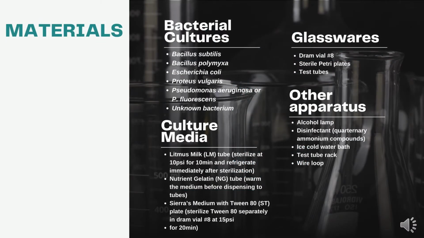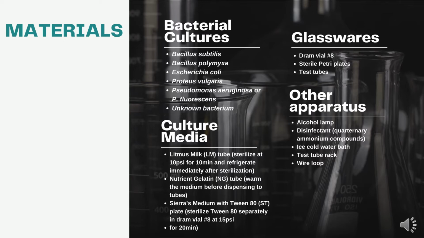So the materials that we will be using in this experiment include 4 sections. The first one is the bacterial cultures, which include Bacillus subtilis, Bacillus polymyxa, Escherichia coli, Proteus vulgaris, Pseudomonas aeruginosa or Pseudomonas fluorescens, and an unknown bacterium.